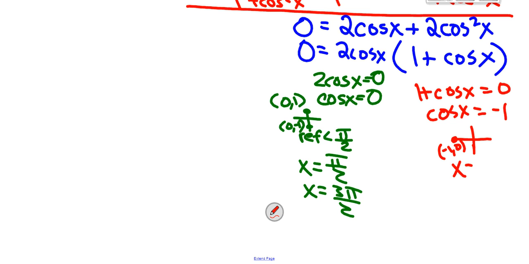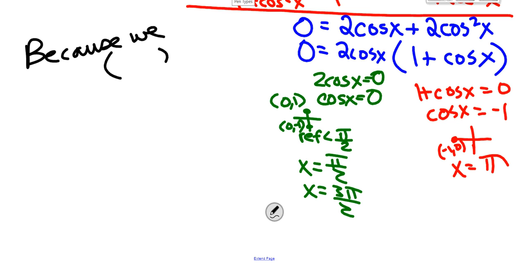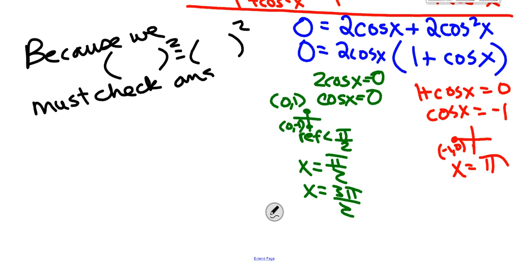And so x equals pi. So we have right now 3 answers, but because we squared both sides of the equation at some point, we must check answers to see if they work, because we could have done everything 100% right and not have the right answer.